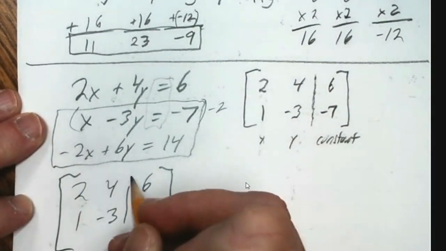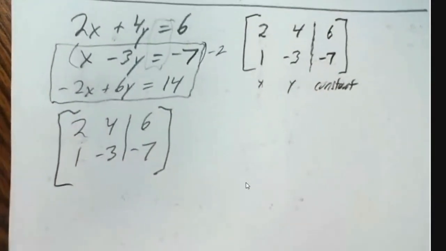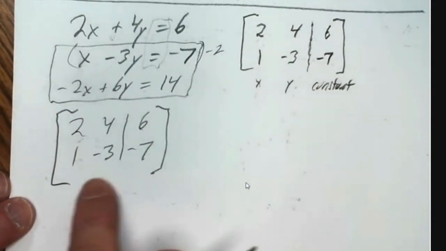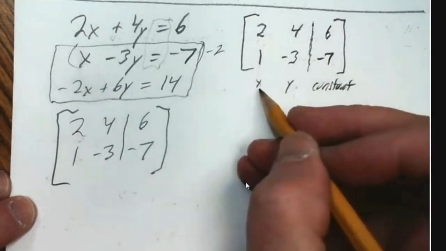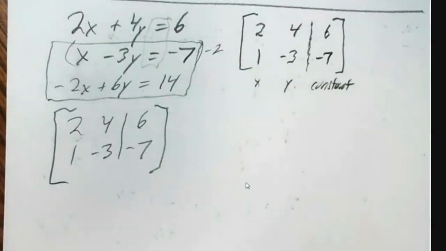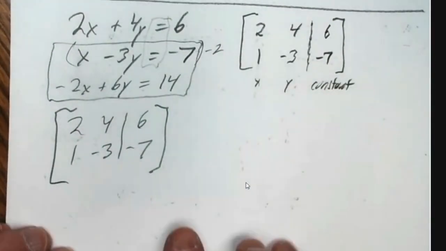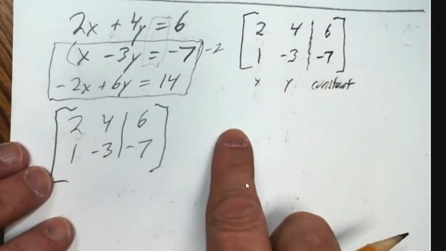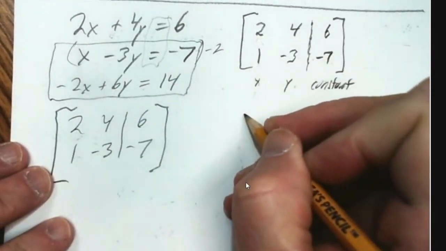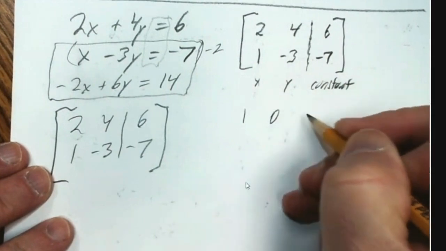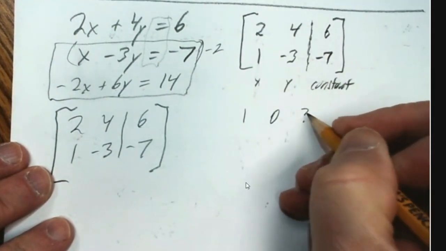All right, there's my augmented matrix. And I'm trying to solve this for x and y. What I'd like to get is just having, what does x equal? What x with no y's equals something.